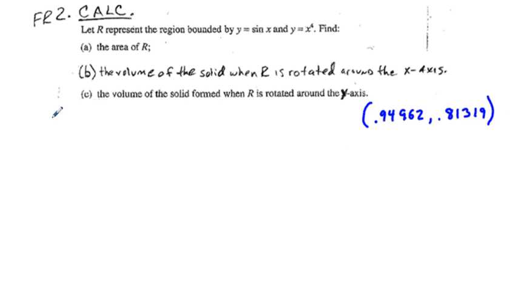For A, our area, we're going to have the integral from 0 to our x-coordinate intersection point, which is 0.94962, and we're going to have this top function, which is the sine, so we'll say sine x minus x to the fourth power dx.